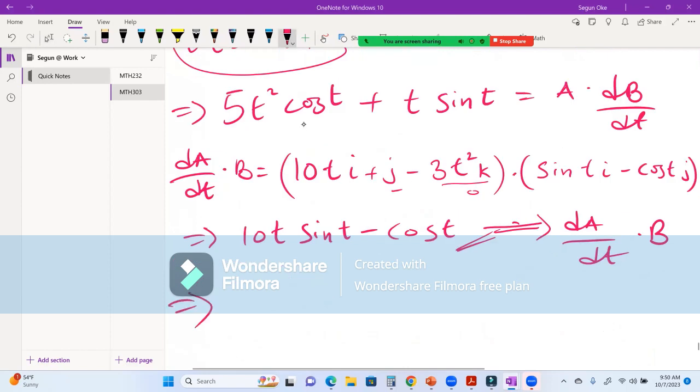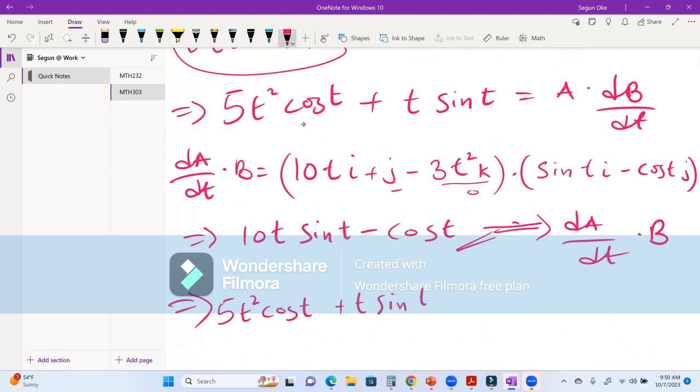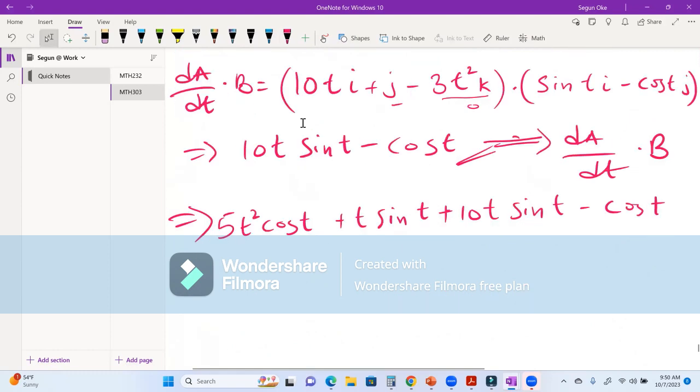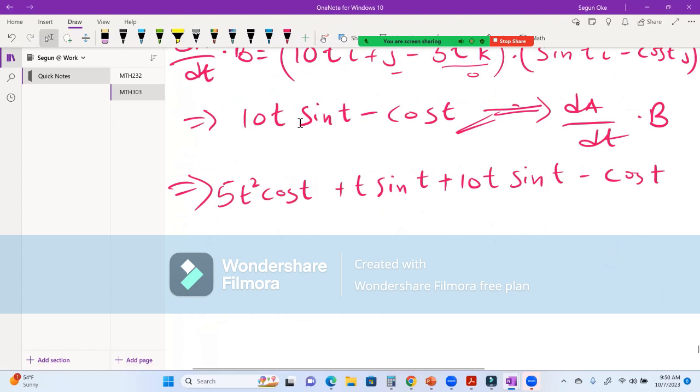We're going to have 5t squared cos t plus t sin t plus 10t sin t minus cos t, because that's how it's supposed to be altogether. Then let's look at it. What is common to them? I think I can see cos and sin somewhere. We can add them together.